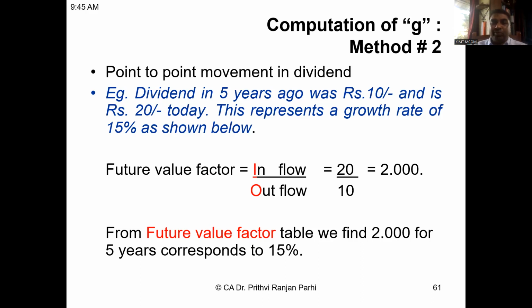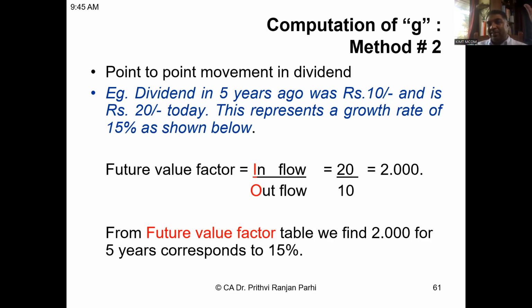So it has moved from 10 to 20. This does not mean that it has doubled, 100% growth, and yearly growth is 100 divided by 5, 20% on annual basis. No, it is not calculated like this.